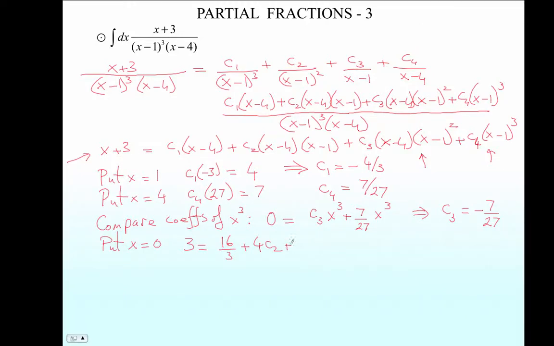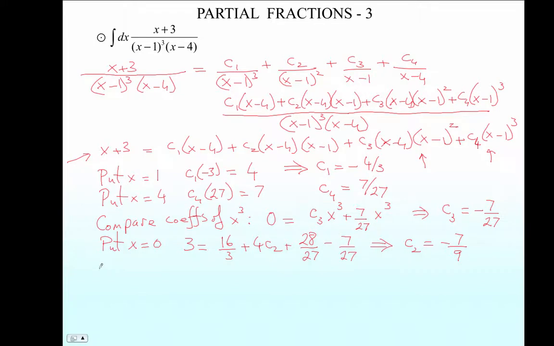So I have over here 28 by 27. And finally, c4, which is 7 over 27, multiplies minus 1. So minus 7 over 27. And now it'll take you just 1 minute to find out that c2 is minus 7 by 9. So we've got all the coefficients.